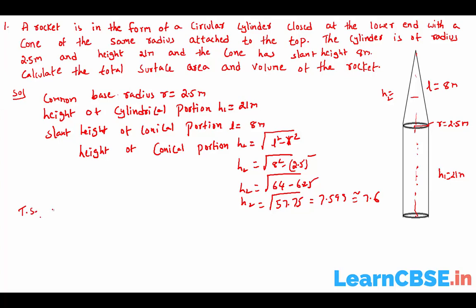Now the total surface area of the rocket equals the curved surface area of the cylindrical portion plus the curved surface area of the cone.